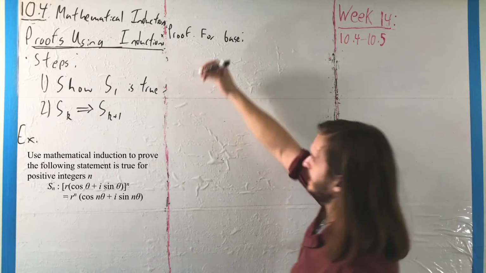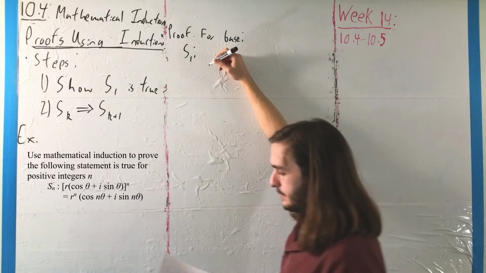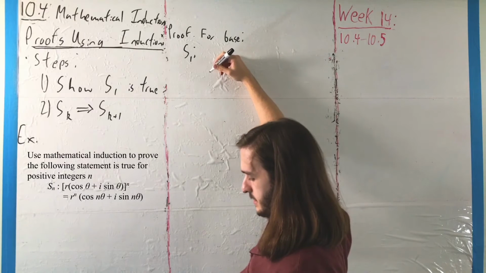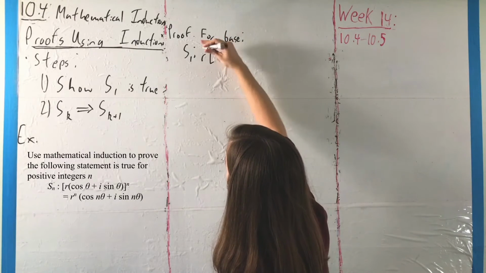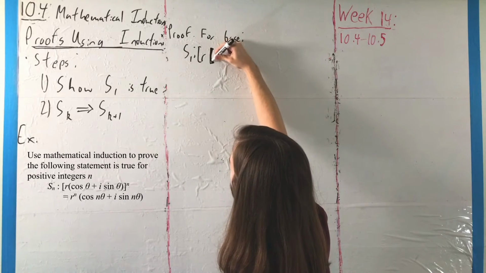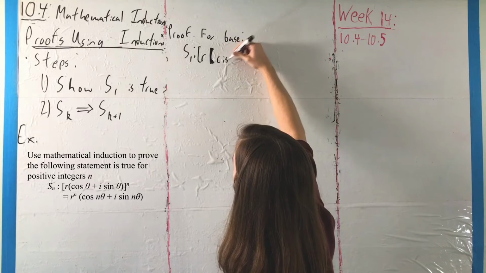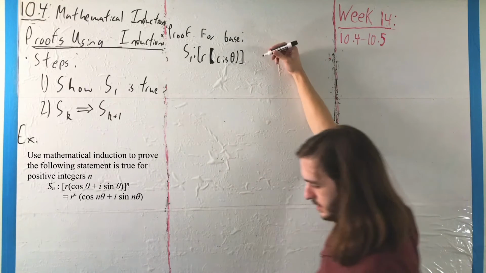Well, at S1, we have the somewhat obviously true statement that, I should put i inside of there, and that should be a parenthesis. And again, I'm going to use that shorthand notation CIS theta just to save myself some space and hand cramping.